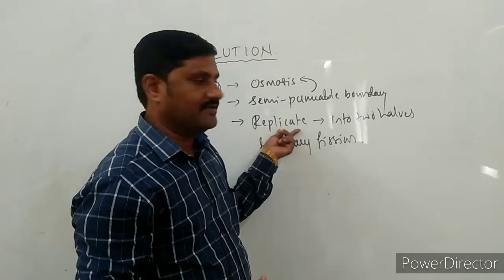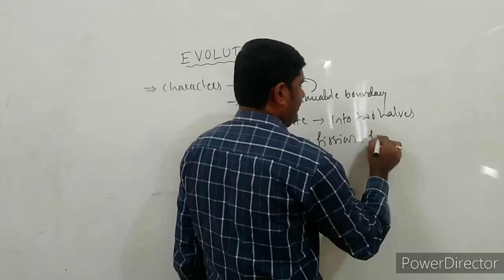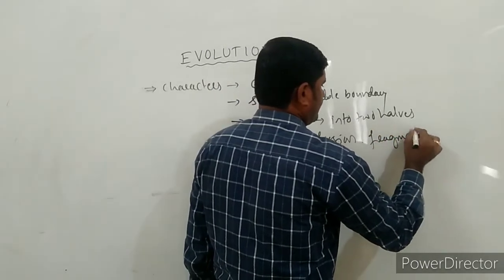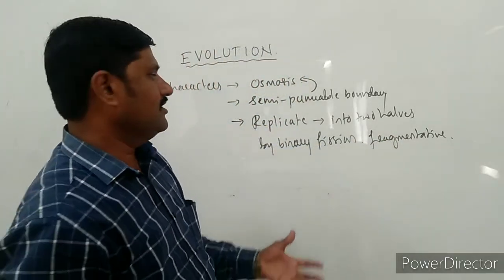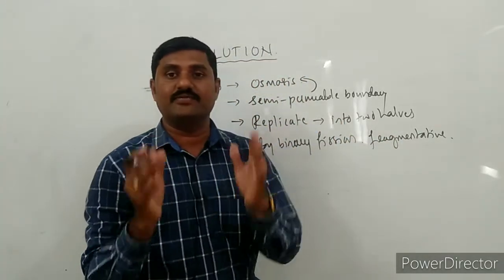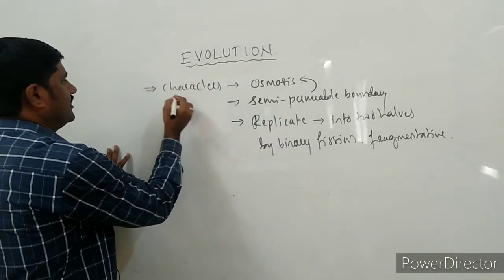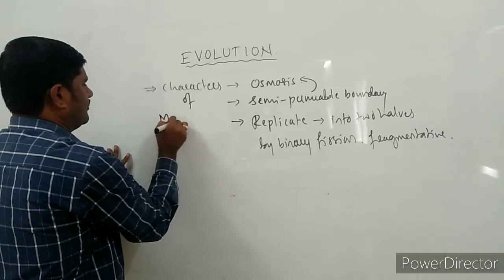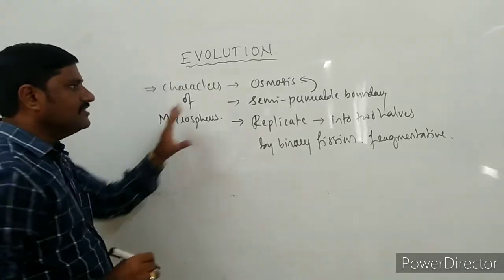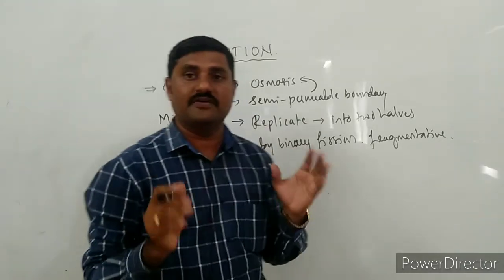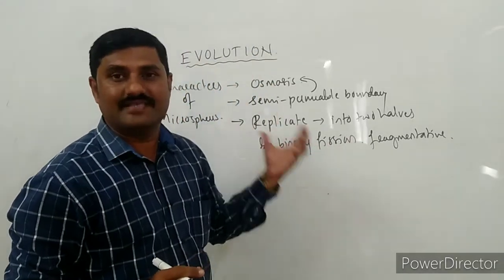They can replicate themselves by binary fission or sometimes by fragmentation. This property is said to be reproduction. These are characteristic features of microspheres, which fundamentally prove that these are the forerunners of the cells.